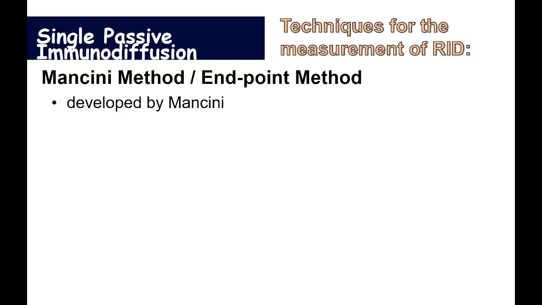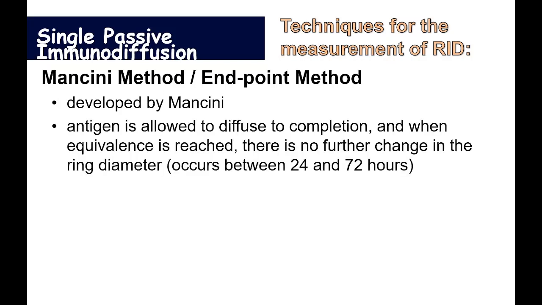So for the two methods of radial immunodiffusion, we have the Fahey and McKelvey method, and we have the Mancini method. Mancini method is also known as the endpoint method because in this technique, antigen is allowed to diffuse to completion, and when the equivalence is reached, there is no further change in the ring diameter.